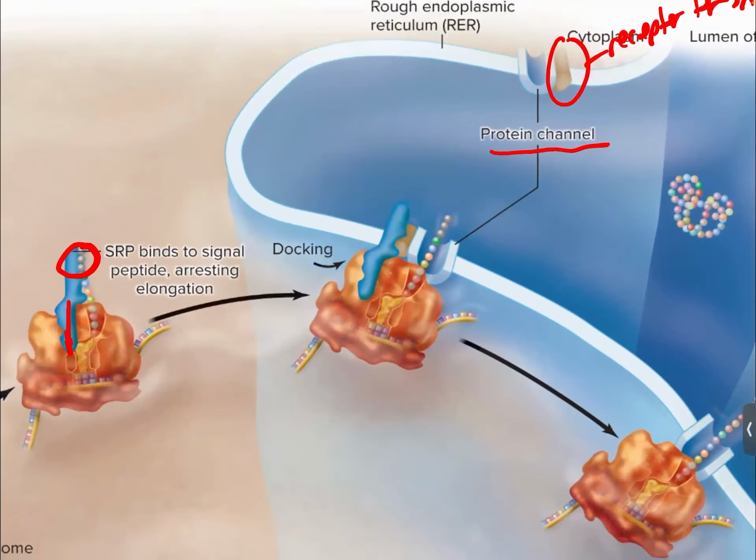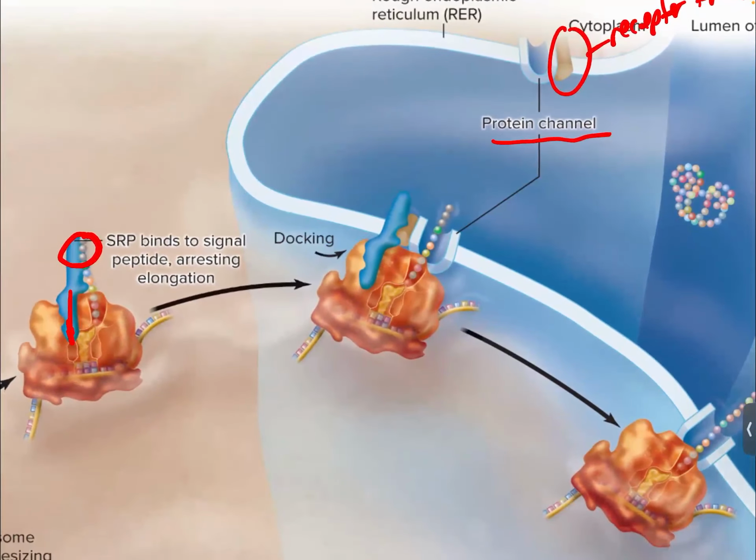And what happens is this SRP will basically move and lock onto this receptor, kind of like the yin and yang symbols, right? Where the 2 of them come together to kind of form the whole. And when these 2 lock on, the SRP will then be embedded into the membrane, thereby anchoring it to the rough ER. And then through the protein channel, you'll start to thread your polypeptide chain as it's being made.